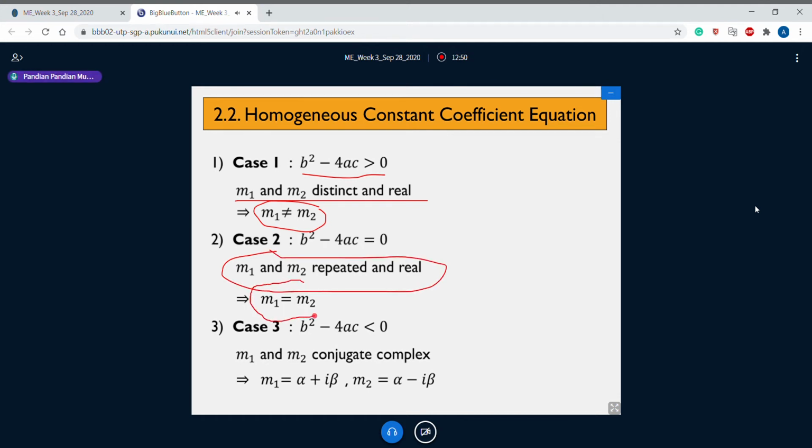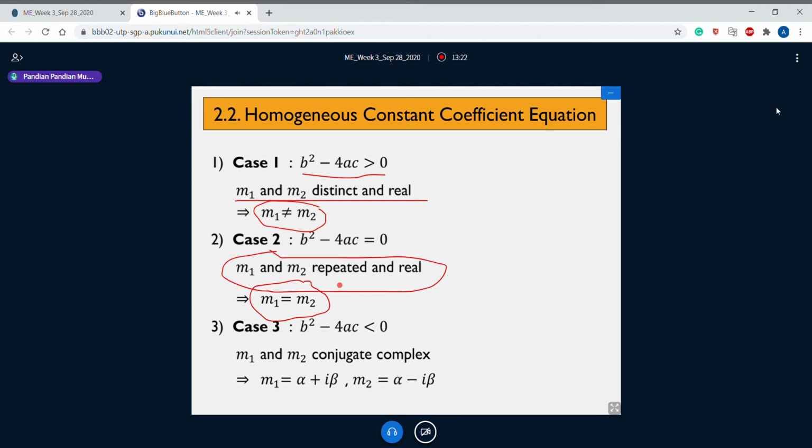So m1 equals m2. They are both equal. So this is the problem because you have the same roots, m1 equals m2. Therefore, the solution must have independent solutions, because if you study the theory, the second order differential equation must have two independent solutions.